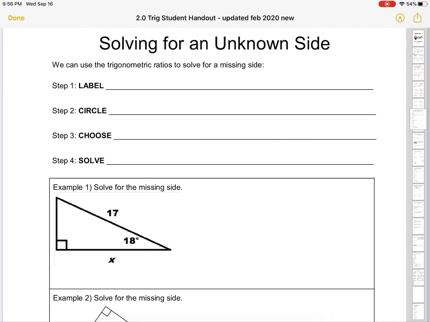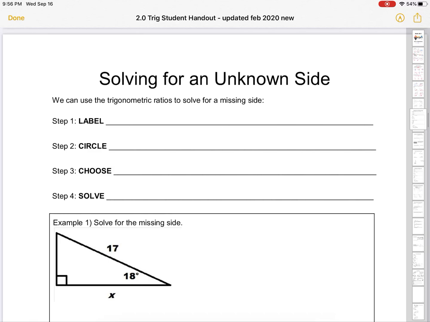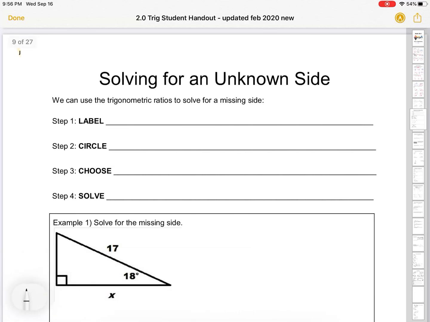Okay, our second lesson today is solving for an unknown side. Now, there's a couple of things. You can use the trig ratios, but you can also, if you prefer it, if you have two sides, use Pythagorean, right?